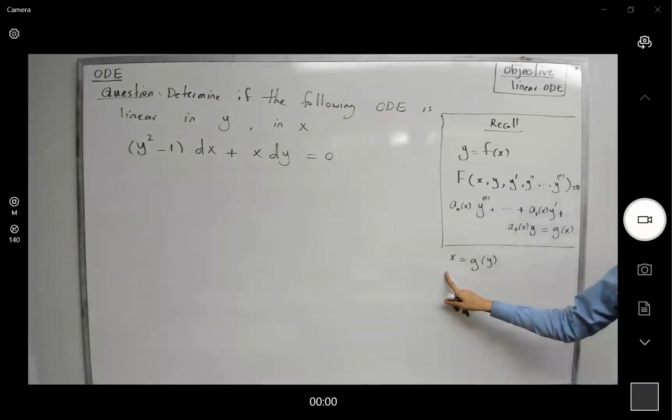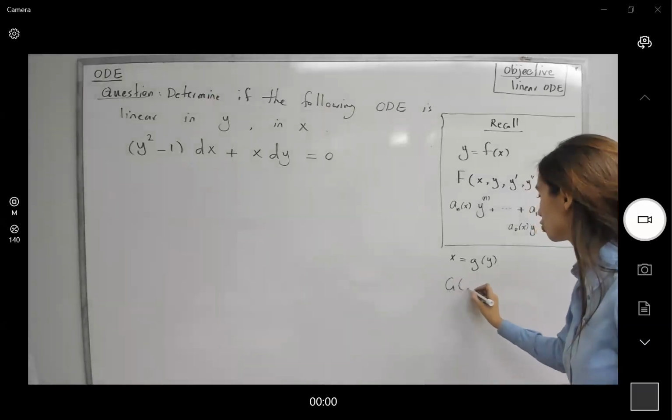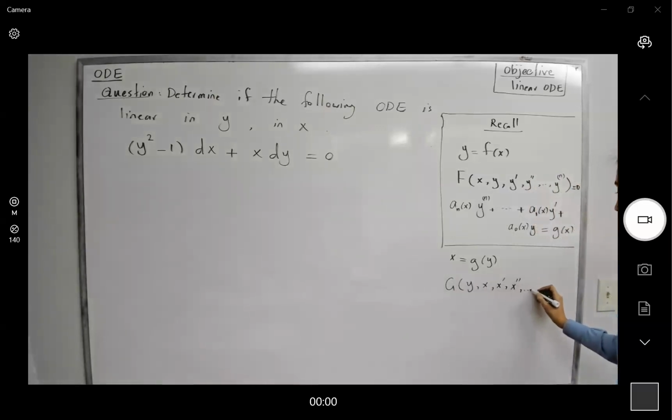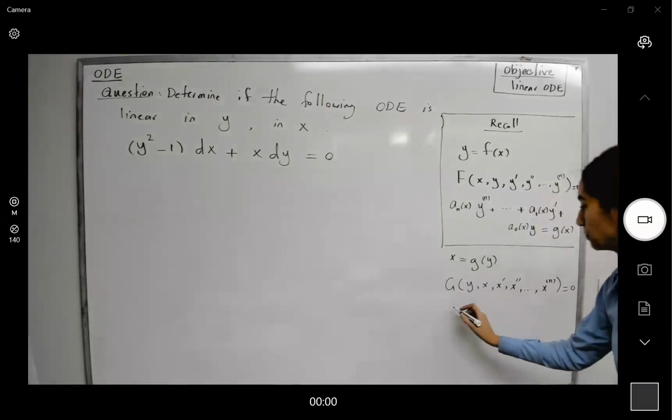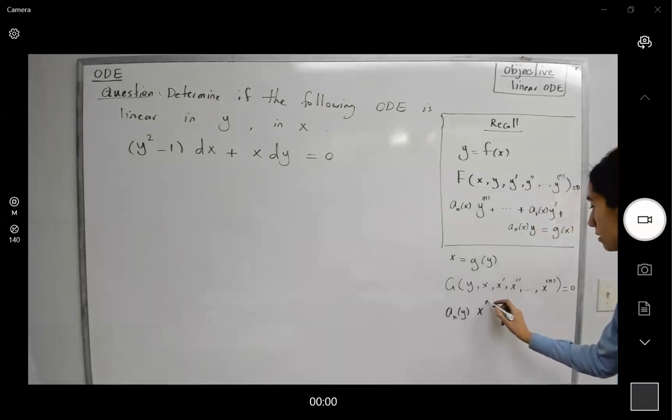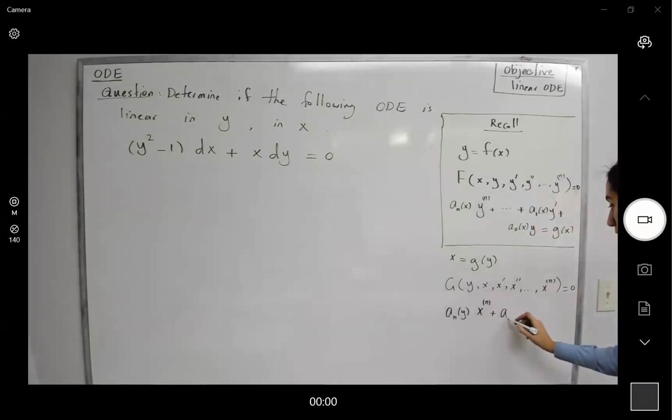Well, it's going to be linear if this relation, here you have y, x, x prime, the second derivative of x, and suppose this is the nth order differential equation, it can be written this way: a_n(y) times the nth derivative of x, plus a_(n-1), plus the rest of the middle terms, plus a_1(y) times the first derivative of x, plus a_0(y) times x equals, for example, a function like h of y.